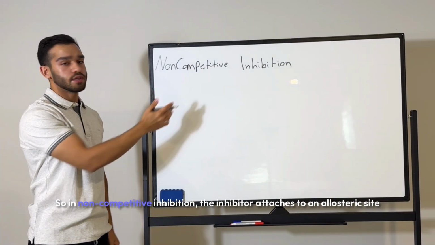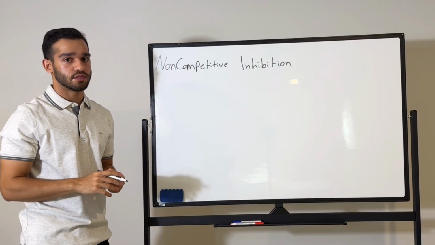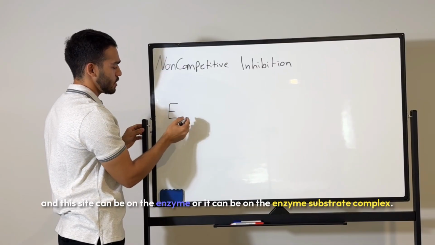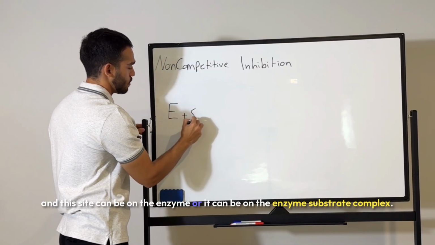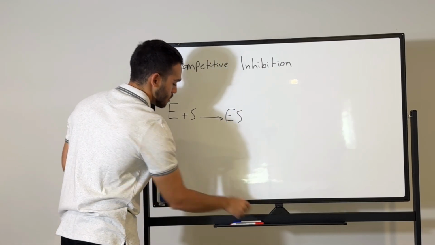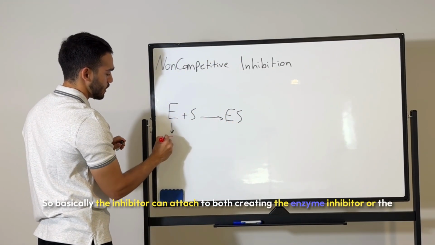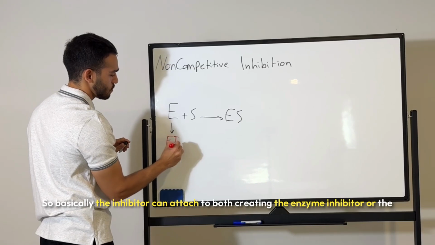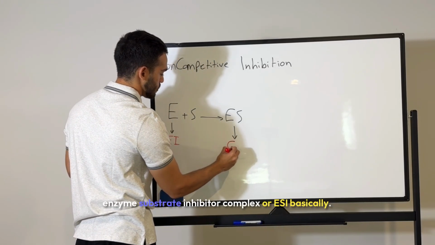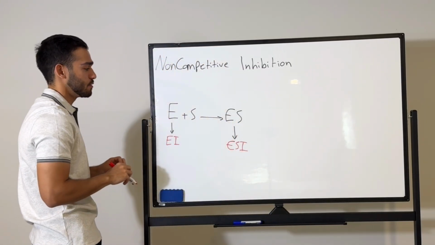So in non-competitive inhibition, the inhibitor attaches to an allosteric site, and this site can be on the enzyme or it can be on the enzyme substrate complex. So basically the inhibitor can attach to both, creating the enzyme inhibitor or the enzyme substrate inhibitor complex, or ESI basically.